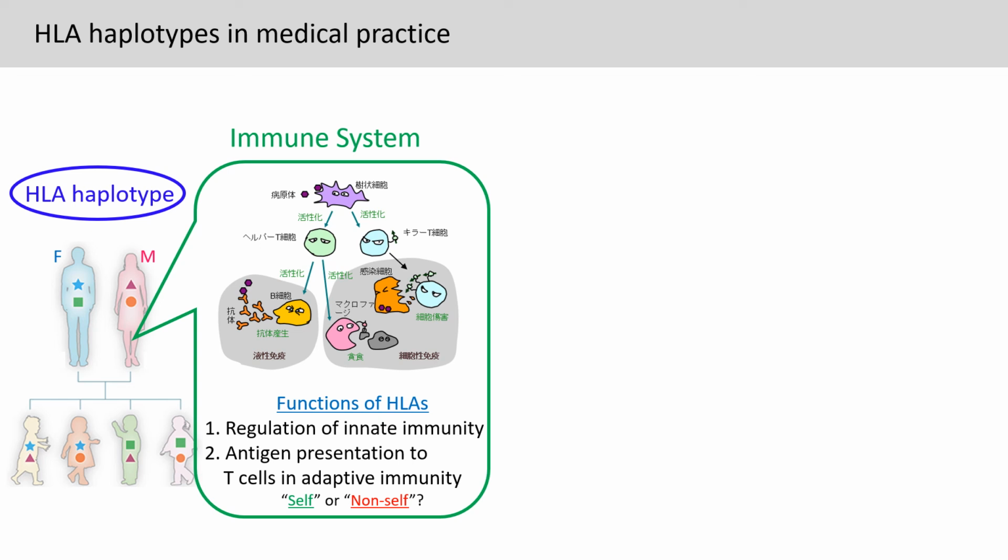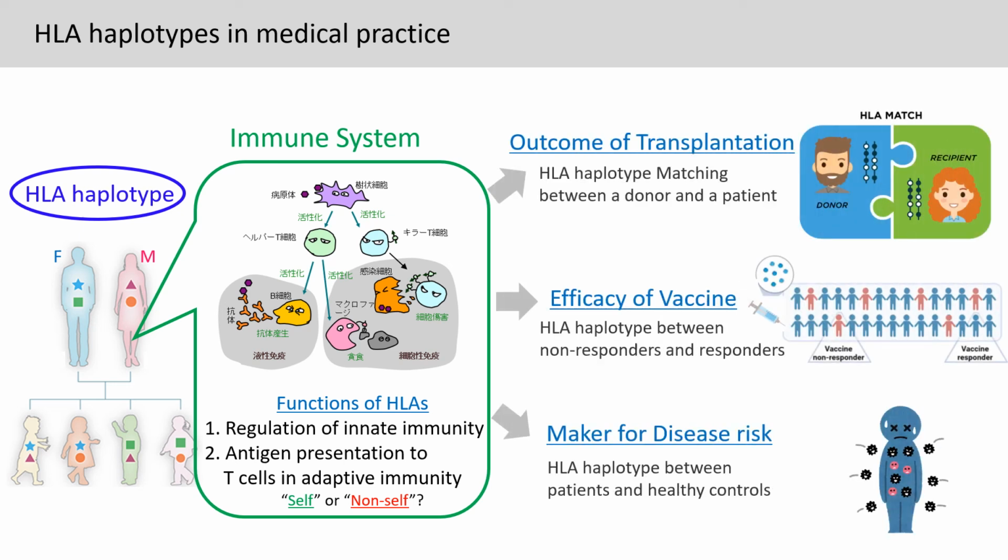Diversity in HLA haplotypes causes individual differences in immune responses. Therefore, the HLA haplotype is useful in tissue and cell matching, in which tissues and cells from one individual are analyzed to determine whether they can be successfully transplanted to another individual.